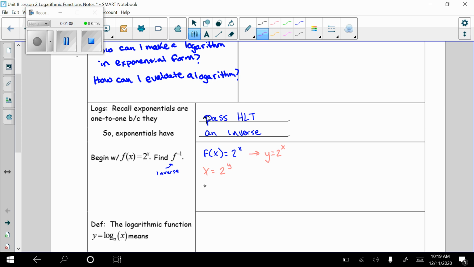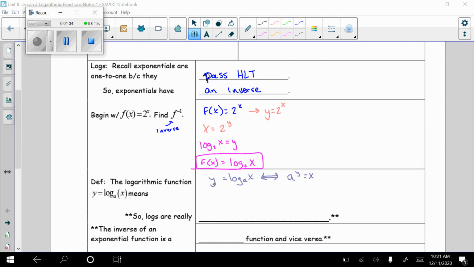Well, when we're solving this one for y, it becomes log base 2 of x equals y. And so that's what you would graph. Your function is equal to log base 2 of x.